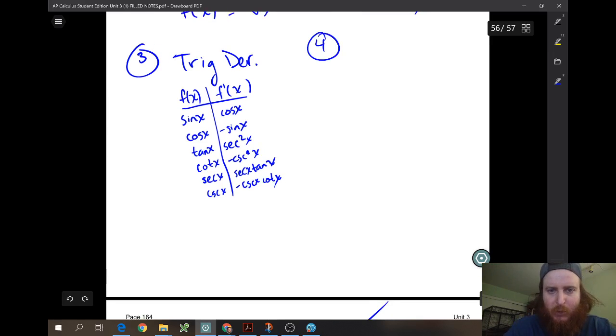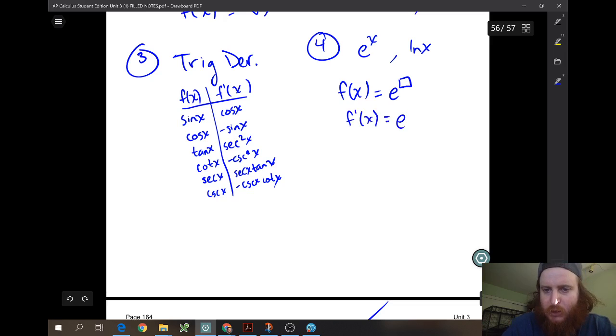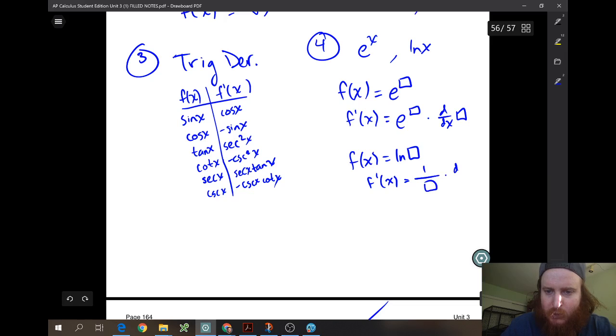The fourth thing to memorize is going to be the derivatives of e to the x and ln of x. If f of x equals e to some box, f prime of x is e to the same box times the derivative of the box. And if f of x is ln of a box, then we know f prime of x is 1 over that box times the derivative of the box.